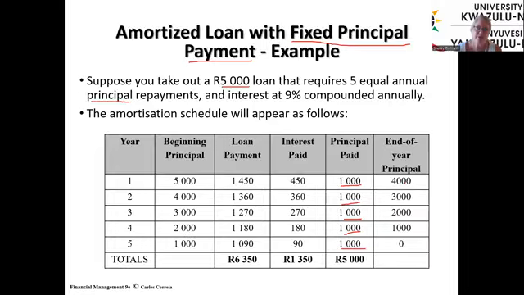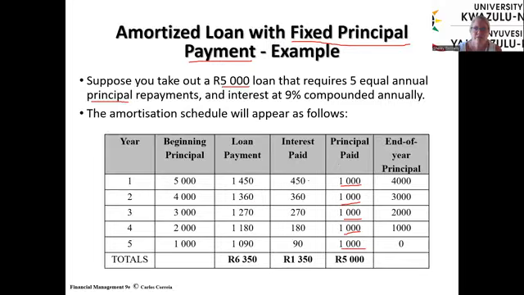And that's the same every year. You're reducing that principal by 1,000 every year until it's zero. And in the meantime, you're paying interest on the reducing capital balance, the amount that you still owe. So at beginning of year 2, for example, you still owe 4,000. So 4,000 times 9% will be your interest plus your 1,000 Rand principal repayment means you pay 1,360 and so on.